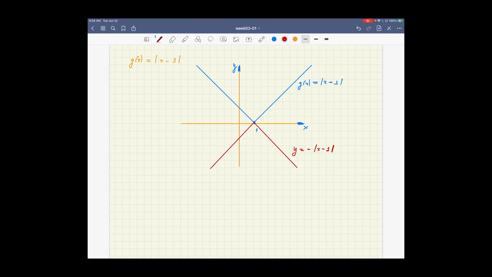Now, how about a horizontal reflection? To obtain a horizontal reflection, we need to replace x by negative x.